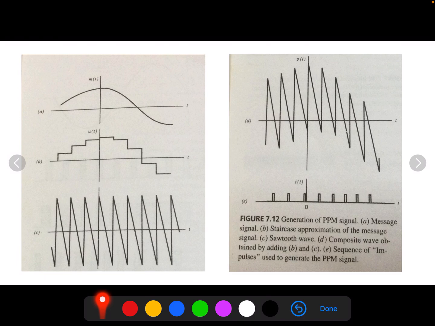In the next video, I'll be explaining how we detect the PPM waves, and how noise has an impact on pulse position modulation. What is the input output relation of the slicer, what is a slicer, how is it working, all those things will be discussed.